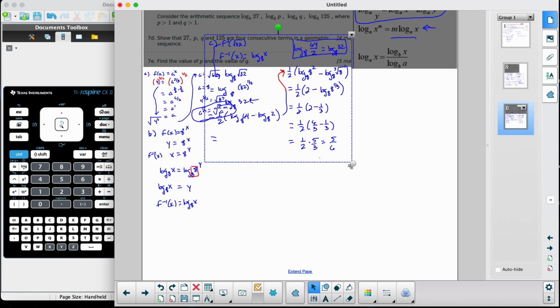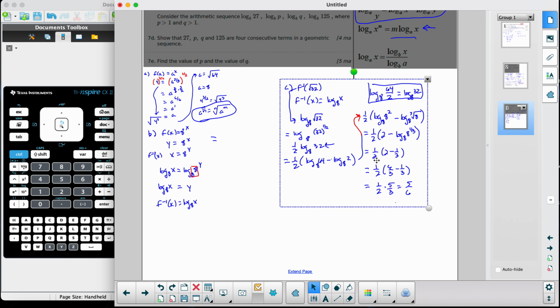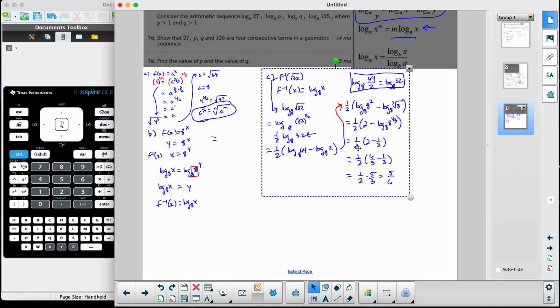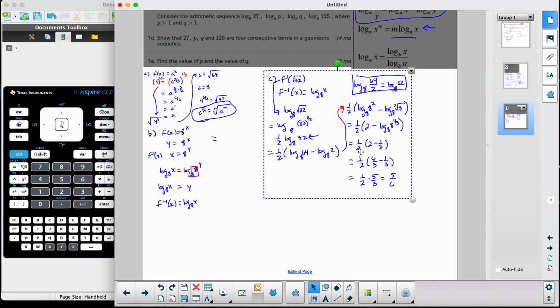Like the equals. Oh, that's why. I must have erased something there. Okay. All right. So I don't know where that equal sign came from. All right. I don't care.